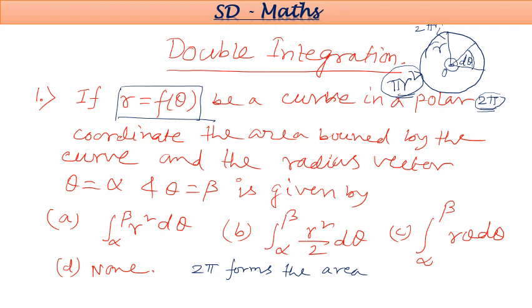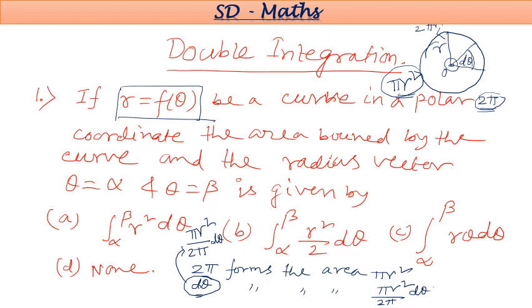Right? Now here our angle is a small angle d theta. This forms the area pi r square by 2 pi d theta, right? So this d theta angle makes the area pi r square by 2 pi d theta.